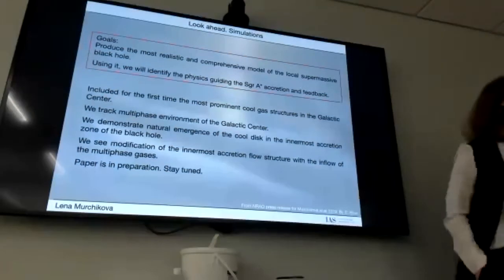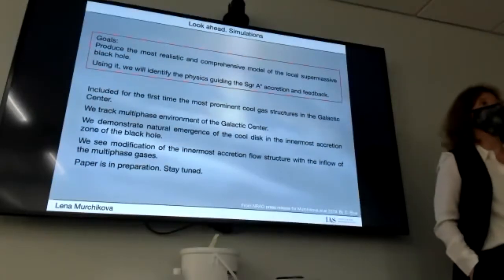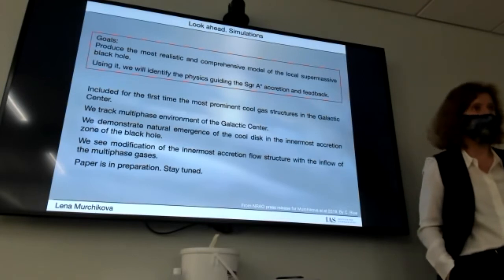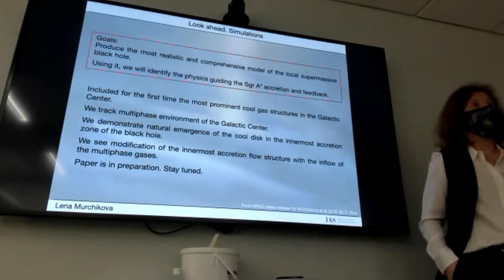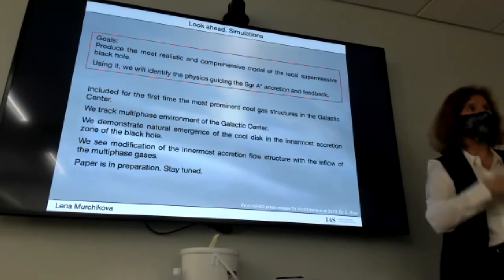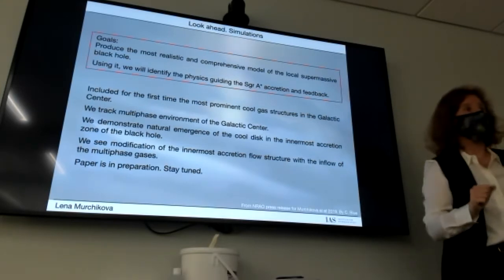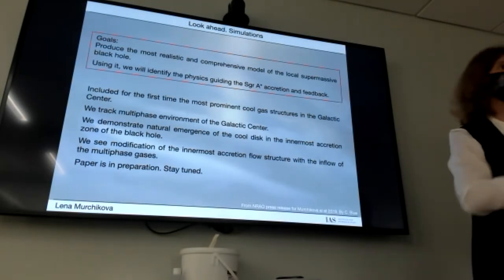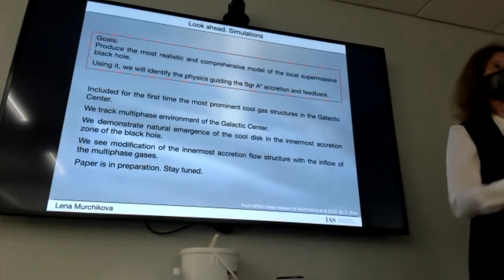The simulation look ahead is that we want to create the most realistic simulations of the inner 2 parsecs of the galactic center. These realistic simulations we're going to compare with observations, and see how well we reproduce various properties, not just the structures which are living there, but also short-term variability.